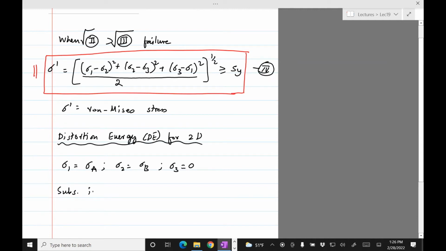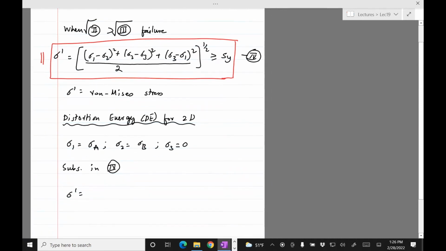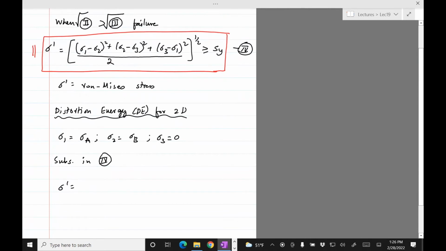Substitute in 4, we have sigma prime equals sigma A minus sigma B squared plus sigma A squared plus sigma B squared, divided by 2, greater than Sy.